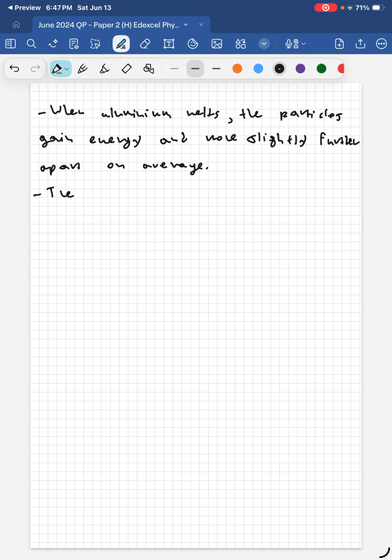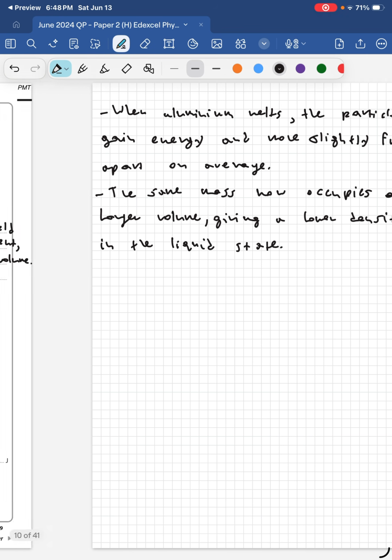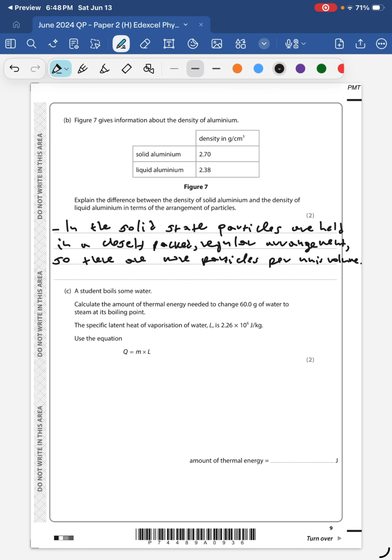So the same mass now occupies a larger volume, giving a lower density in the liquid state. Okay, I think that's enough, more than enough, probably.